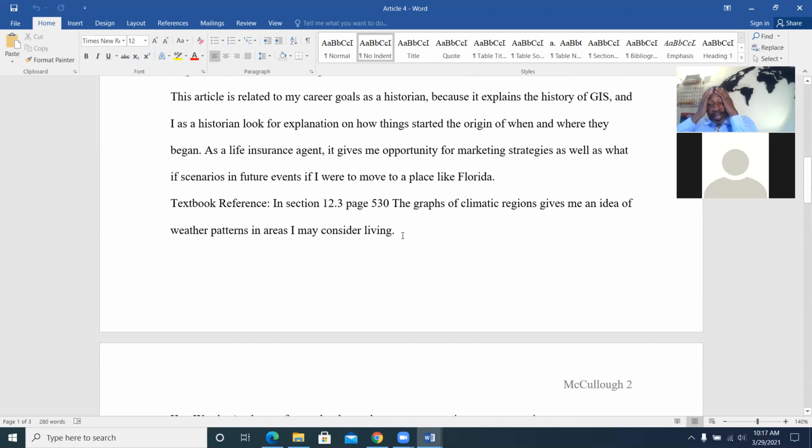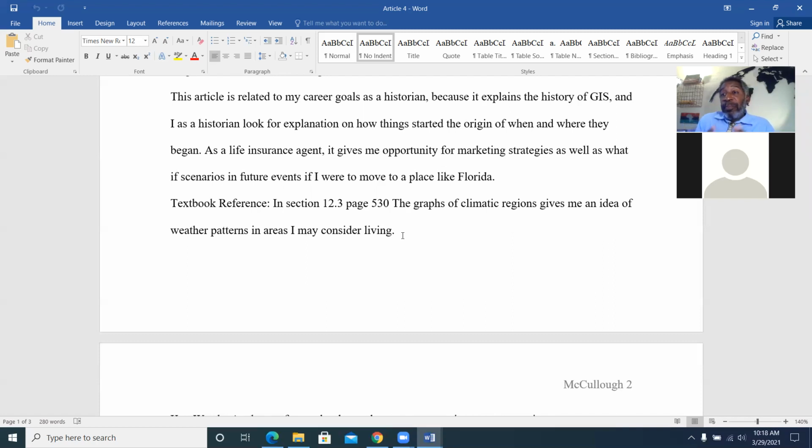The textbook reference, the format of the textbook reference is good. She's got the section number, the page number, but your reference should be related to the article itself. In this case, a better textbook reference would have been one discussing geographic information systems.